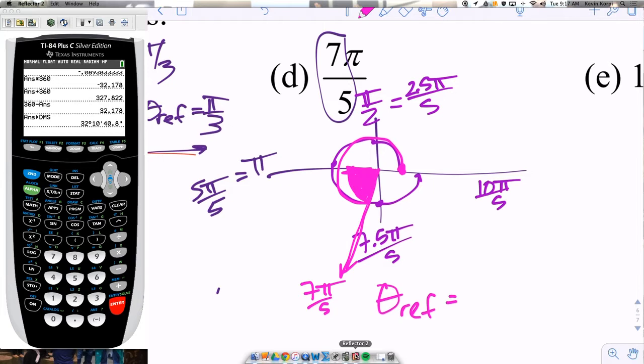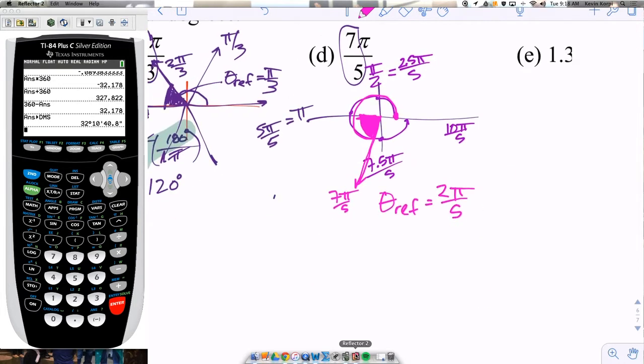X-axis. So if the x-axis that's closest is 5 pi fifths, and I've rotated past it to 7 pi fifths, the reference angle is the amount of that over rotation, which is how much? 2 pi fifths. So notice if you could draw the picture, you have your answer right there. You'll know whether to subtract from 180 or subtract from pi, or to do that number minus pi. It'll tell you what to do. 5 pi fifths plus another 2 gets you to 7. So that's the reference angle, 2 pi fifths.